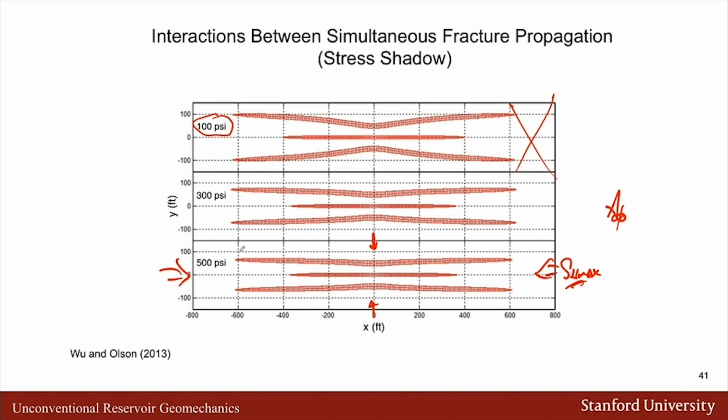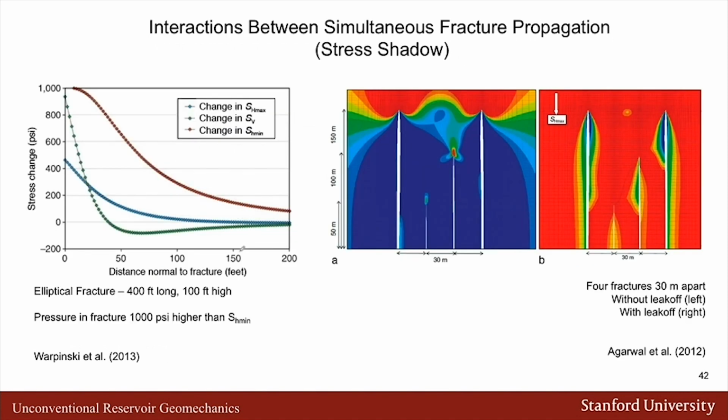It can be important, but the degree to which it's important has to do with the spacing between the clusters, how you pump the hydraulic fractures, the diameter of the perforations, as we showed before, and now also the variation in the difference between the two horizontal stresses at depth.